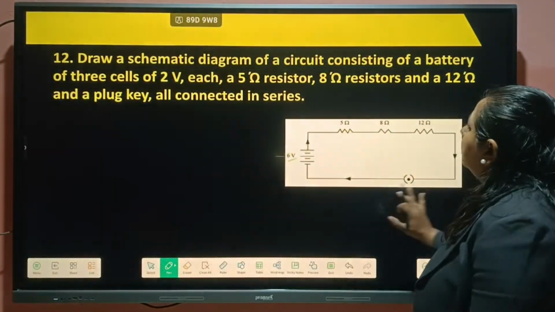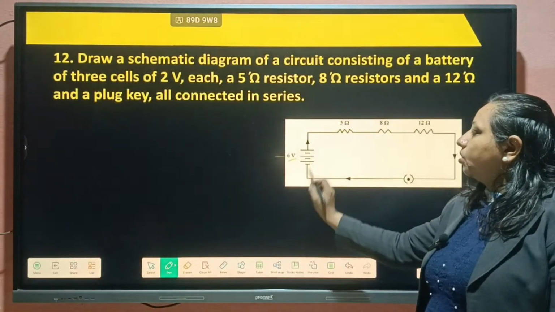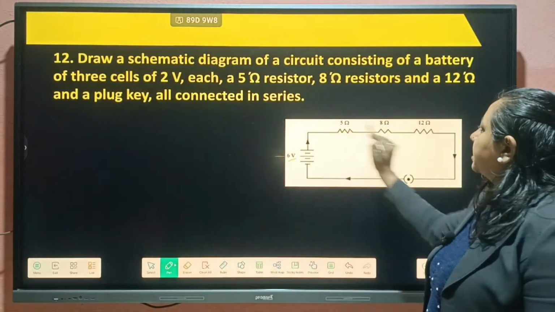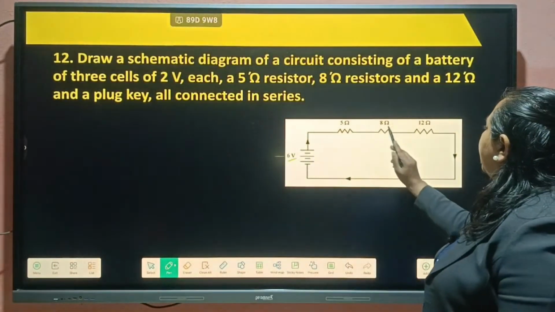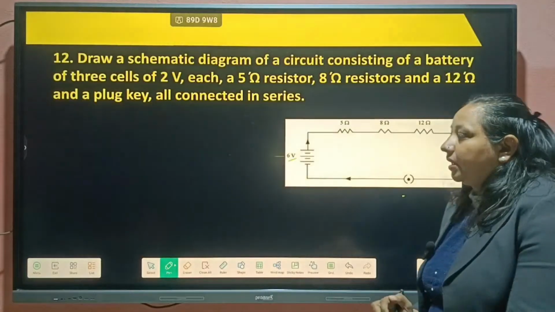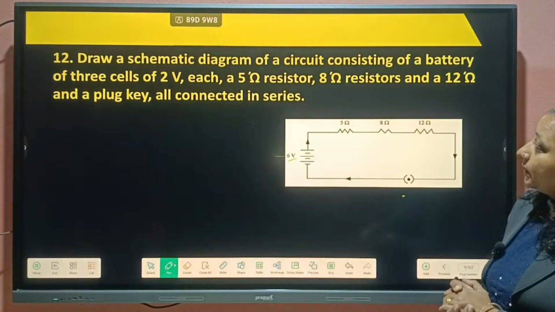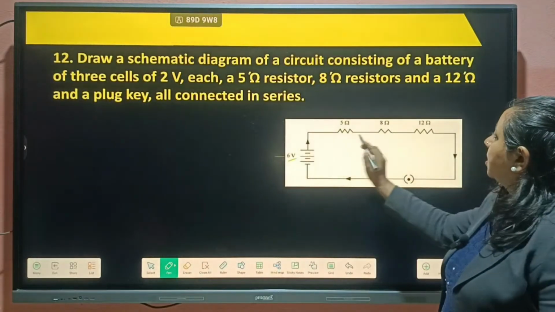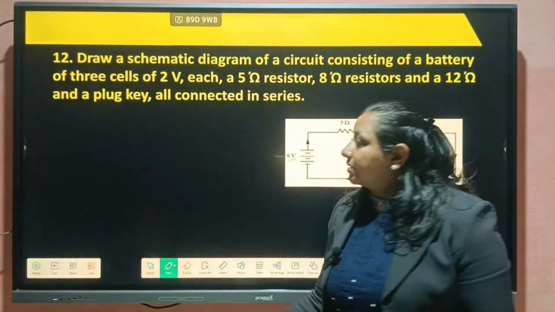So we will draw a 6 volt battery, that is, 3 cells of 2 volt connected in series, meaning end to end, then 5 ohm, 8 ohm, 12 ohm, and a battery. This is only what we have to draw. The question may also ask, given these, to find the equivalent resistance of the series combination.